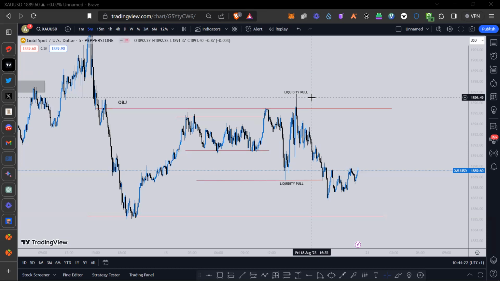So that's basically how you should view the market, not waiting for order blocks or a liquidity pool or even maybe a trend line. That way you end up losing money because you're waiting for a particular thing to happen.